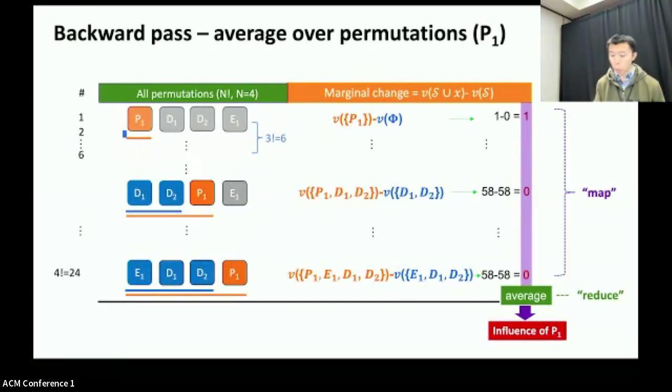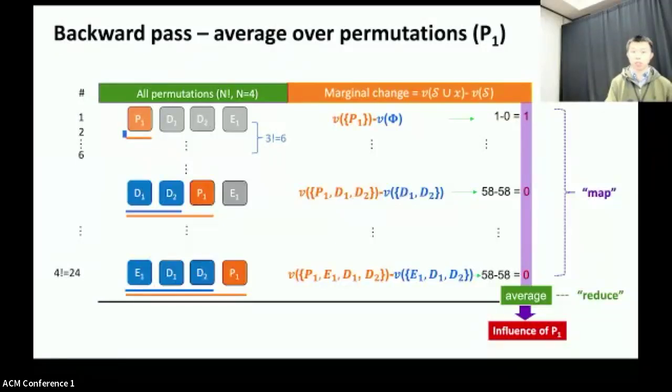And you may have the idea that the marginal change of such a value function just represents the influence of this abnormal factor, right? This is very intuitive.